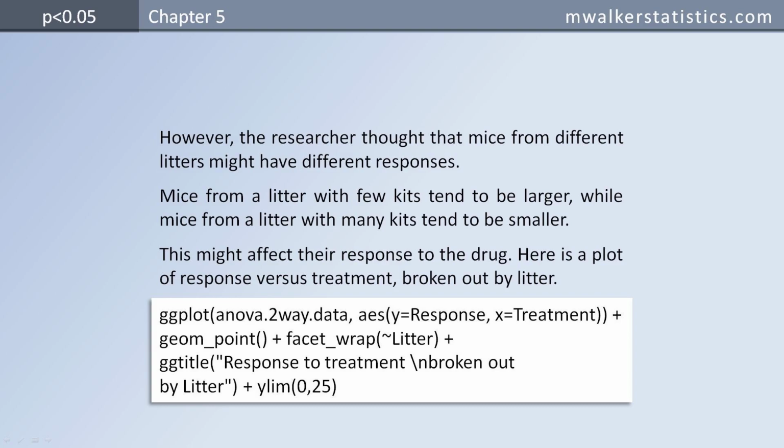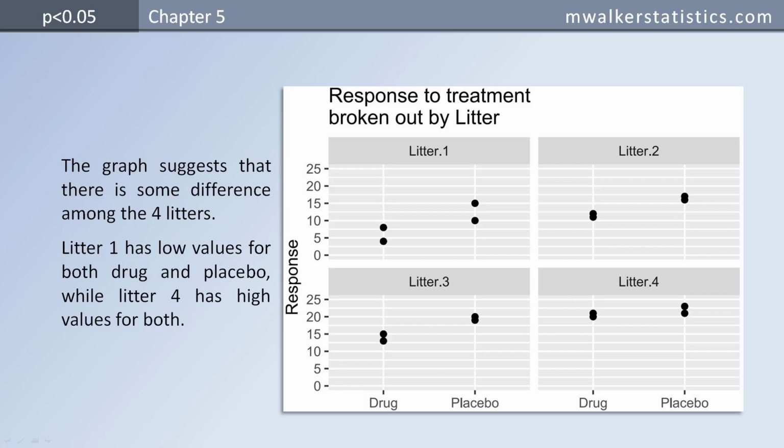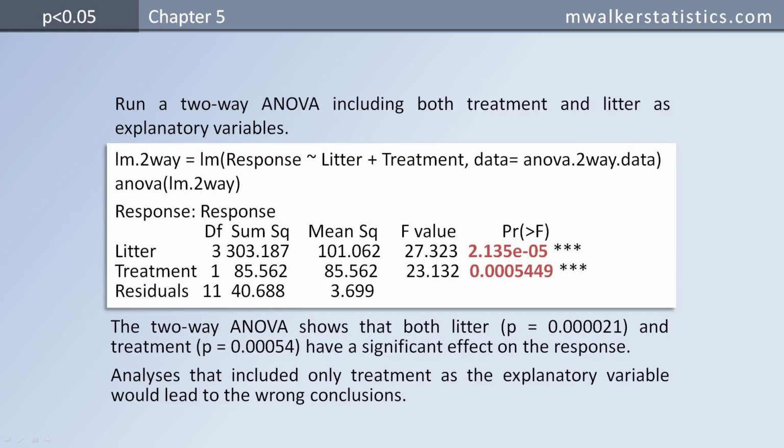Here is a plot of response versus treatment, broken out by litter. The graph suggests that there is some difference among the 4 litters. Litter 1 has low values for both drug and placebo, while litter 4 has high values for both. Run a two-way ANOVA, including both treatment and litter as explanatory variables.